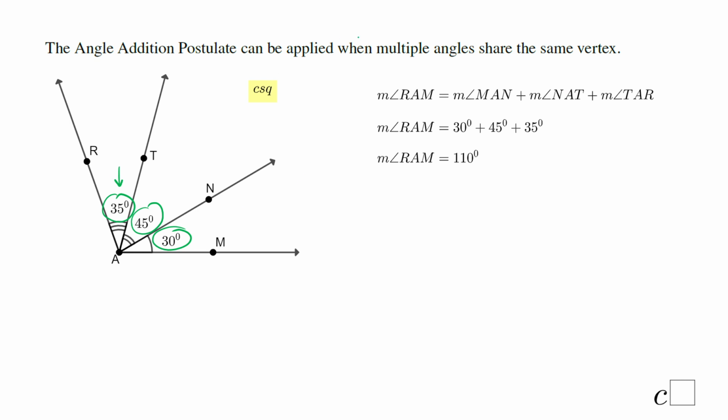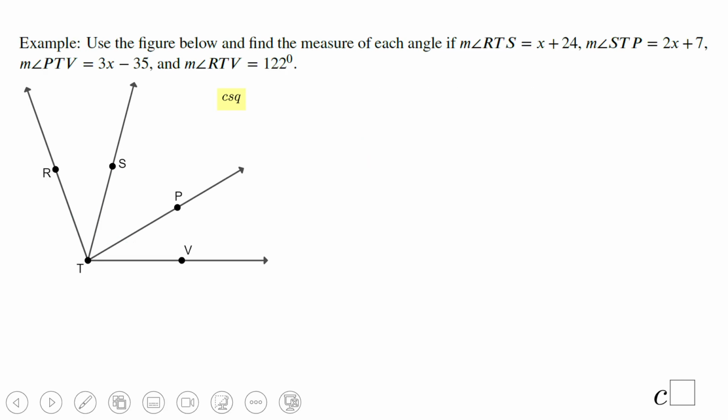And you see here the geometry and then how I replace each one and get the answer. Let's see how we use what I just mentioned in a problem like this. Use the figure below and find the measure of each angle. We know angle RTS, this one here, is x plus 24.